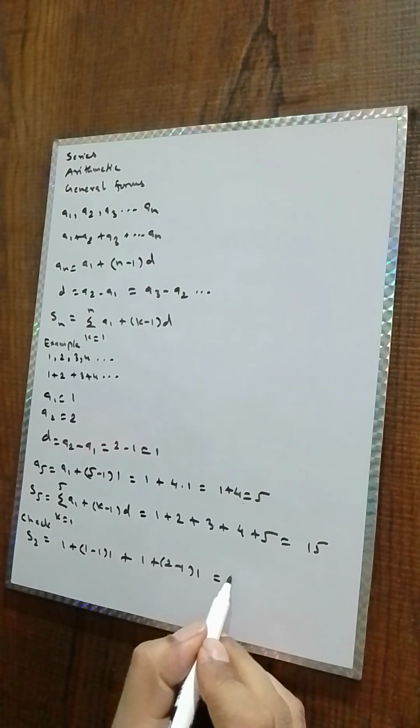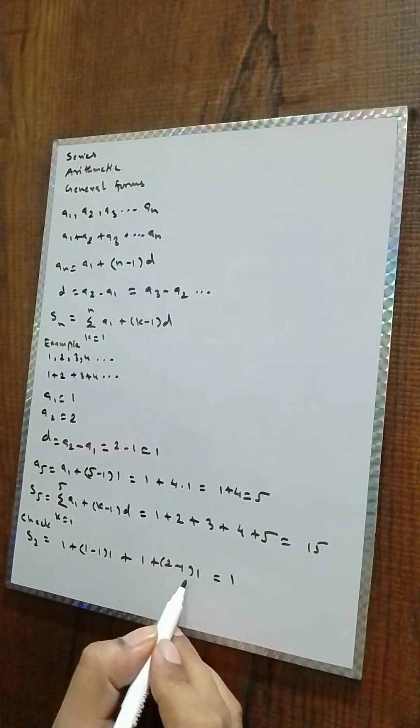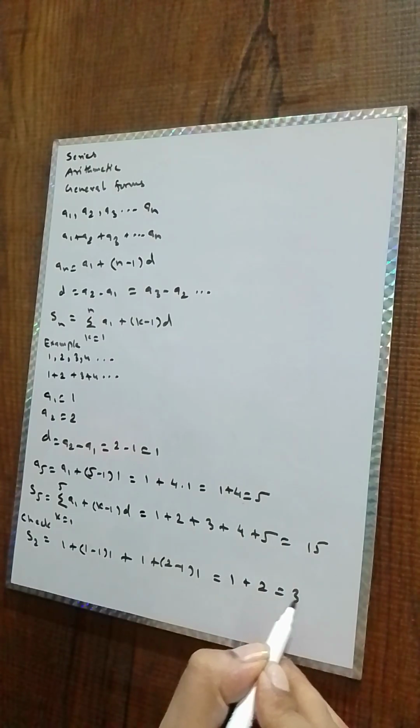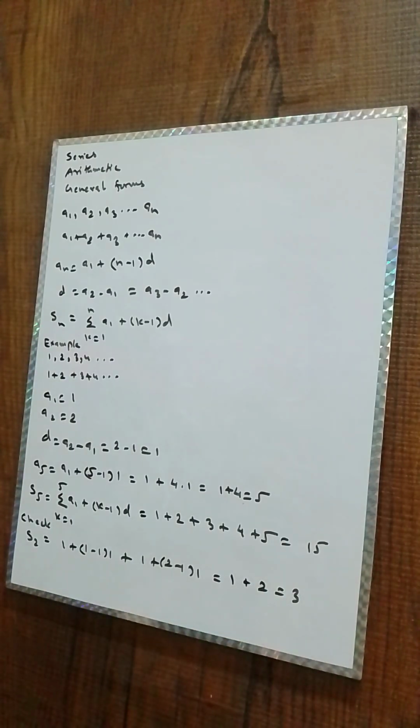So this becomes 1 and this becomes 2. 1 plus 2 is equal to 3. So this is the sum up to 2 terms. So this is how we use this form for analysis.